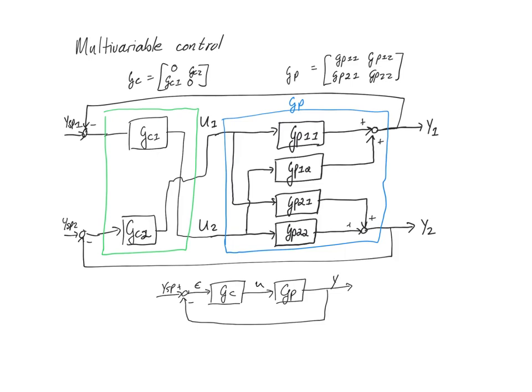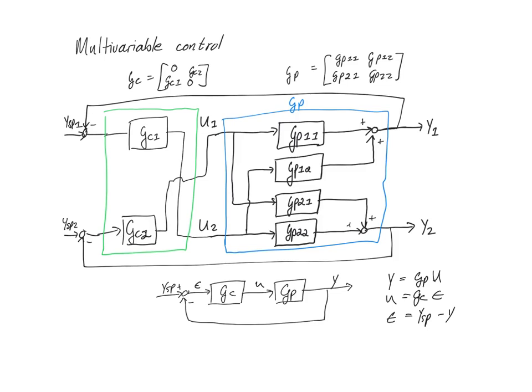And so we can see that we have three equations, one corresponding to each block. So we've got y is equal to GPU, and we've got u is equal to GCE, and we've got one corresponding to the sum, which says that E is equal to YSP minus Y. Now these three equations we need to manipulate in order to obtain the closed loop transfer function.